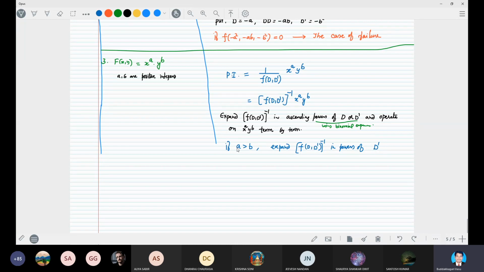Why? Because A greater than B means B is lesser than A. So if B is lesser, we need to differentiate a lesser number of times compared to A. Suppose it is x cube y square, so A is equal to 3, B is equal to 2.